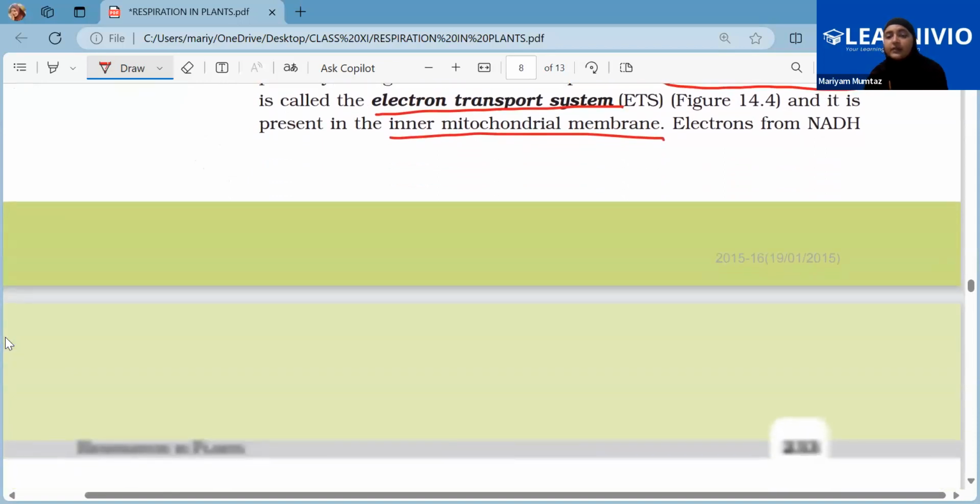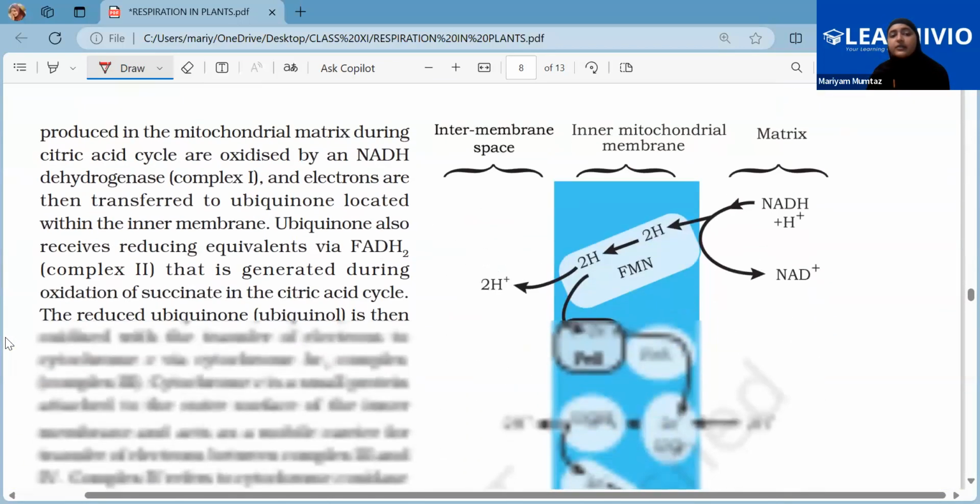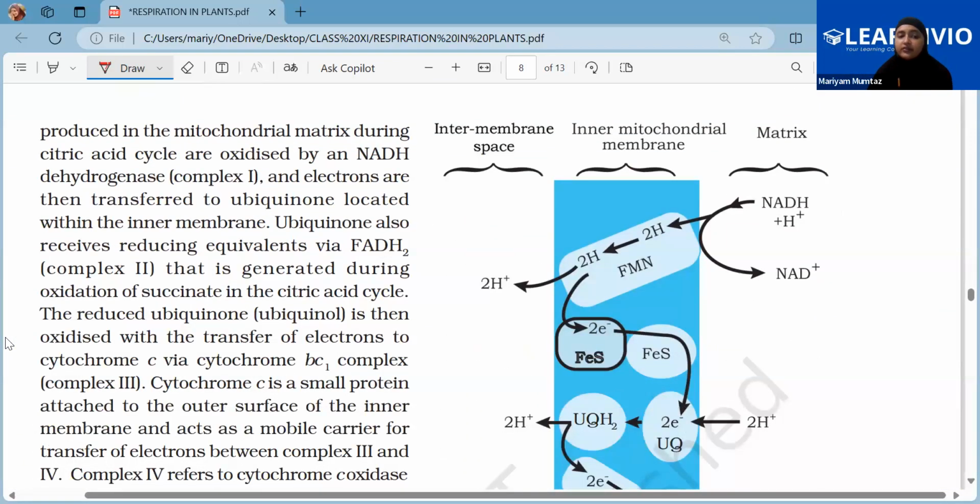Now, electrons from the NADH produced in the mitochondrial matrix during the citric acid cycle are oxidized by an NADH dehydrogenase. This is complex one. So the NADH dehydrogenase receives the electrons from the citric acid cycle, and from that, the electrons are then transferred to ubiquinone.